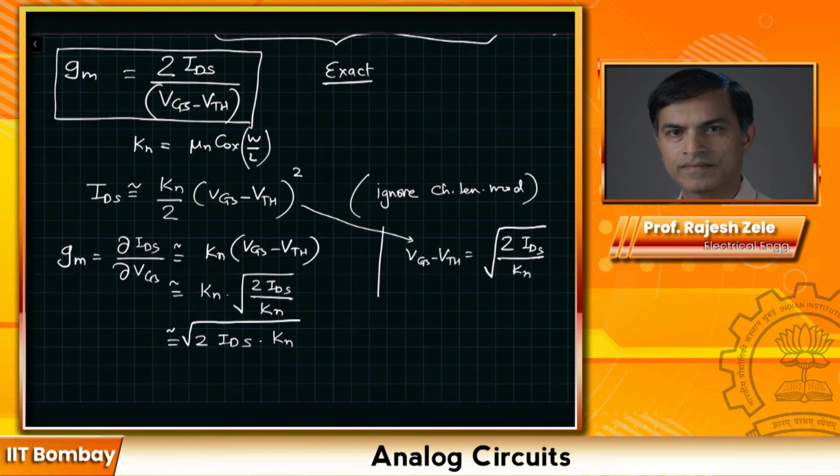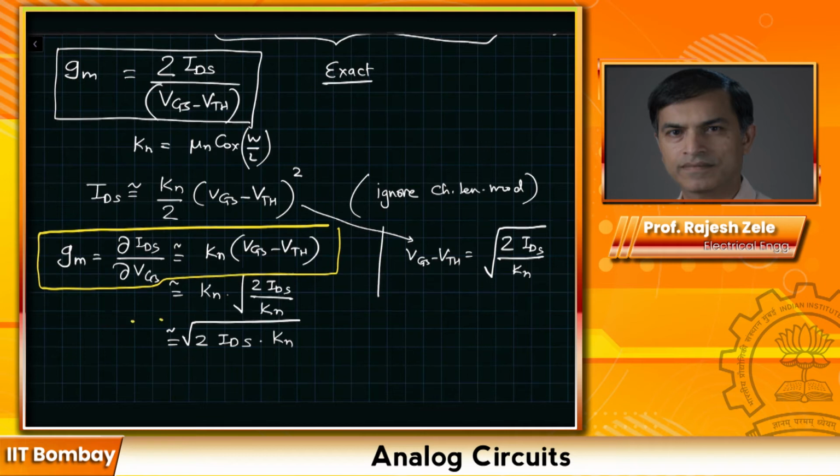So now we have 3 formulas. Let me highlight them. This is one formula for GM. This is the third formula for GM, and we already have one formula here.